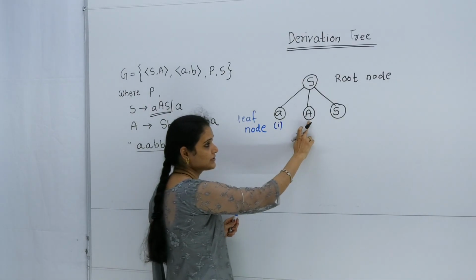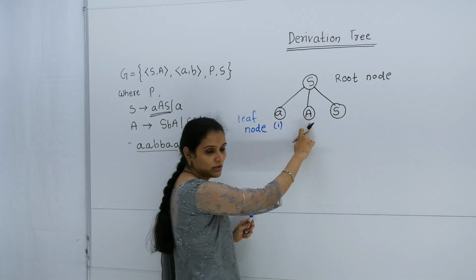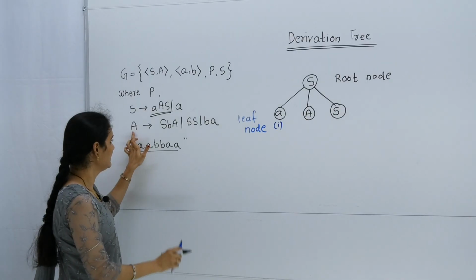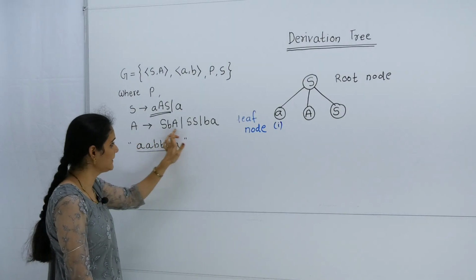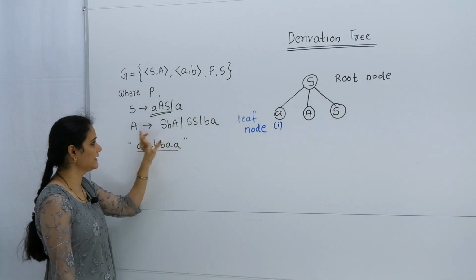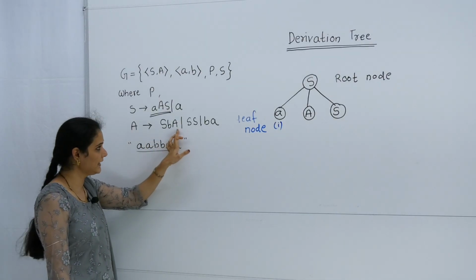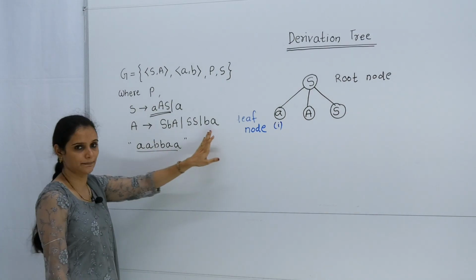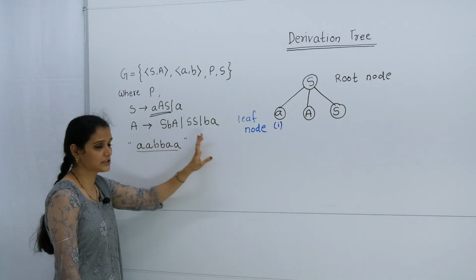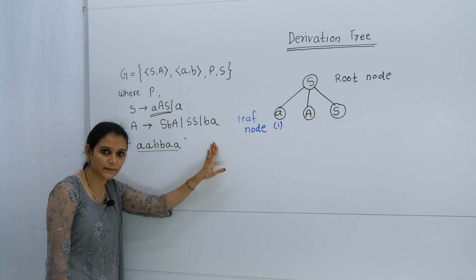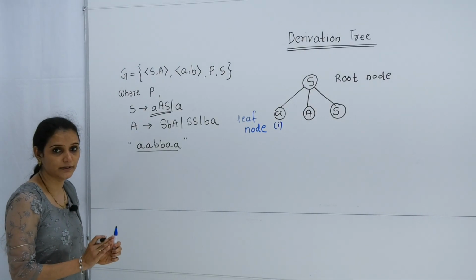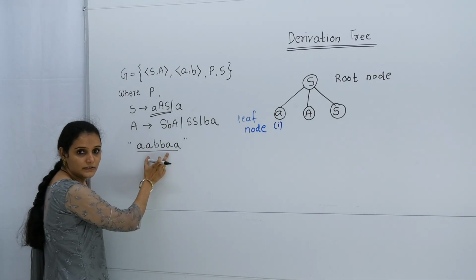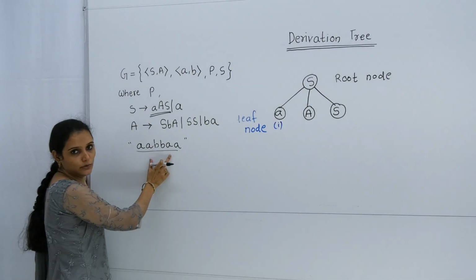Then the next vertex is capital A. For capital A there are three production rules: A produces SbA, A produces SS and A produces ba. Out of these three we can use any production rule, but we observe the string which we are going to generate.